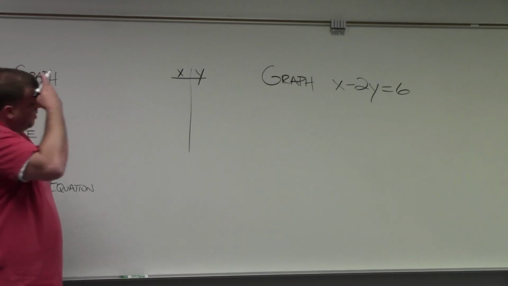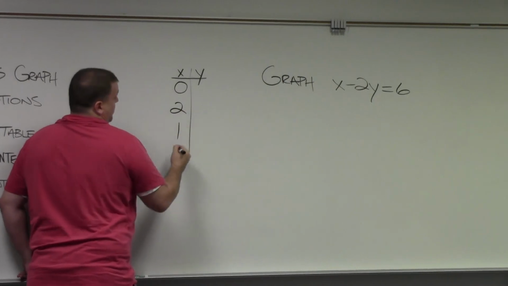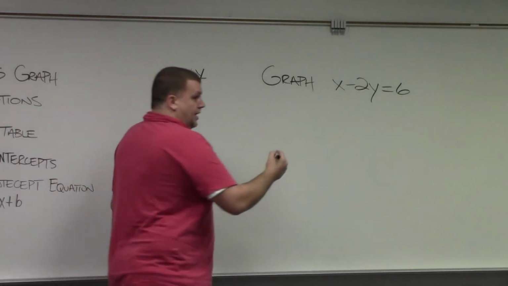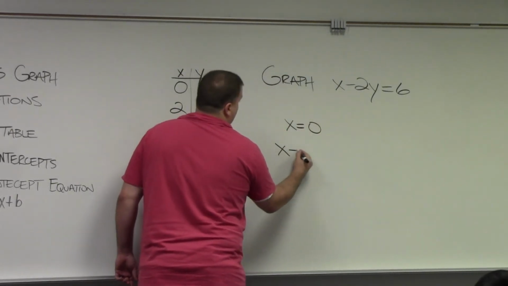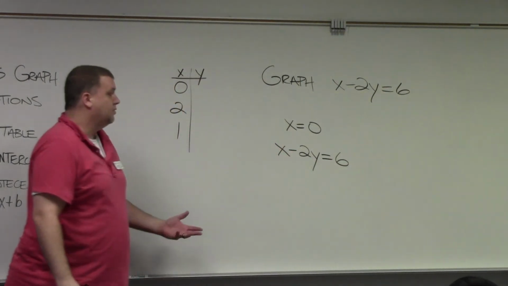0. 0 is always a fun one to plug in. You can plug in 2, and 1. Okay, so let's try those and see what we end up with. So if x is equal to 0, let's go to our equation, x minus 2y equals 6. And we're going to plug 0 in for x.